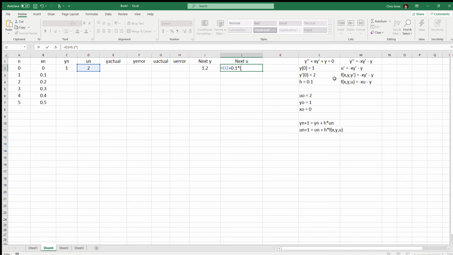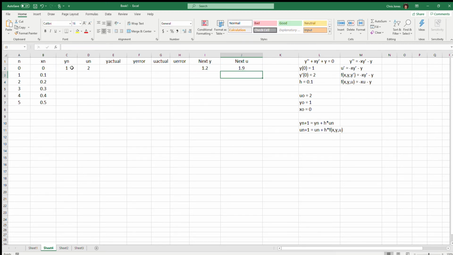So that's where we're going to use this formula right here, negative x u minus y. So it's going to be minus 1 times x, which in this case is 0, times u, which in this case is now 2, and then minus y, which is 1. And you might remember that we got 1.9 for this.